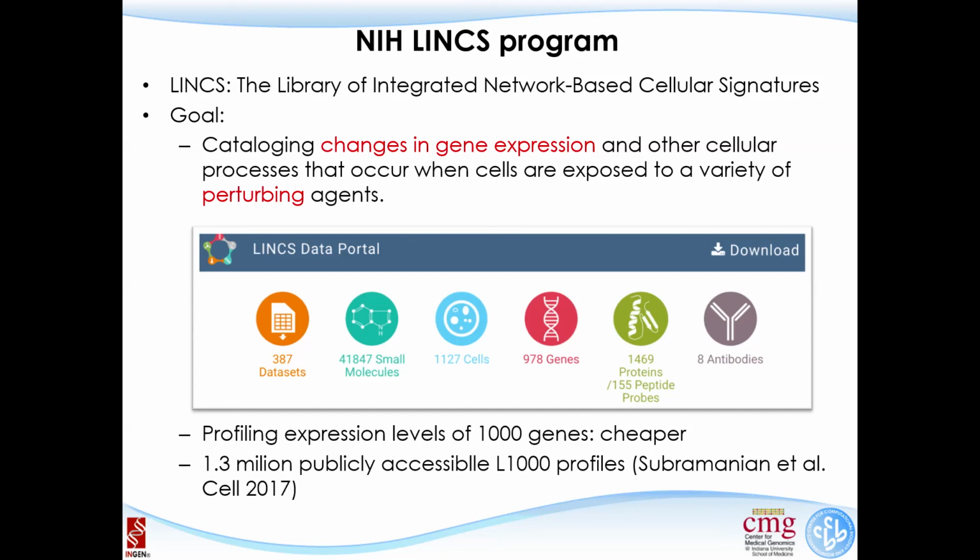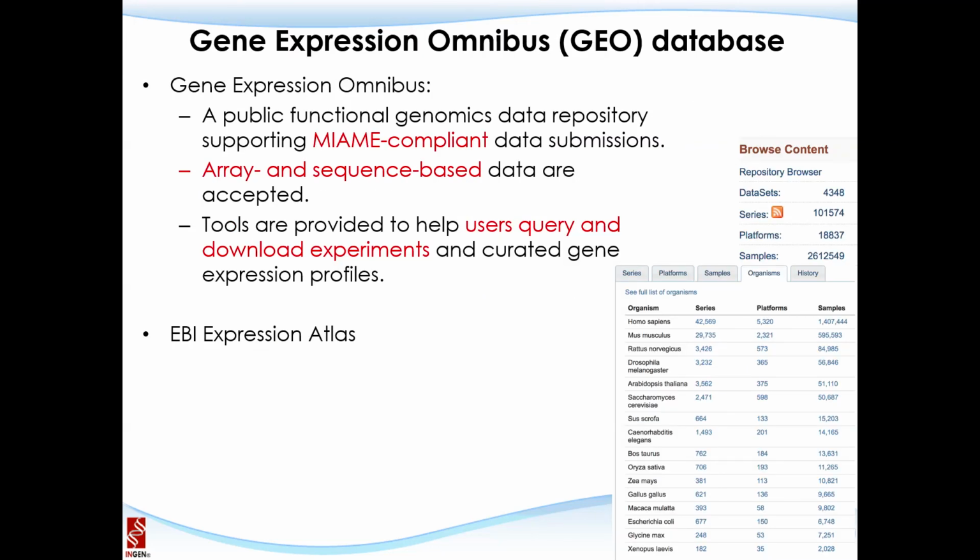So there's a huge resource in the public domain. In 2017, when I checked the Cell paper, they already had 1.3 million publicly accessible gene expression data in that consortium. So if that's where your research will lead you, that is an incredible resource.